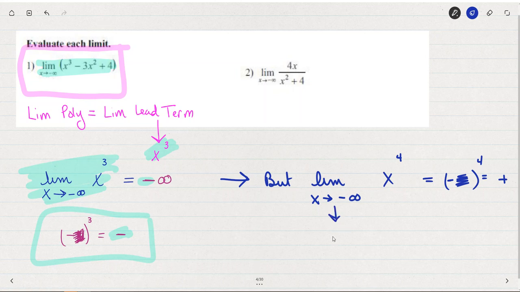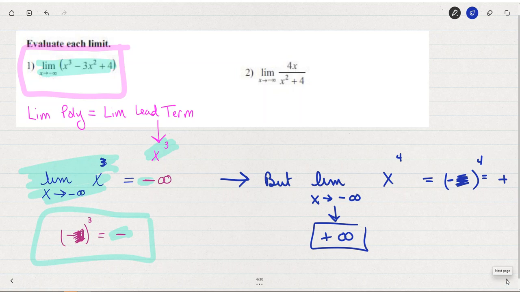So this would equal positive infinity. So make sure, even though this particular example was an odd power, x cubed, make sure you could also do this if we had an x to the 4th. So don't just memorize an example. Instead, make sure you understand the example.